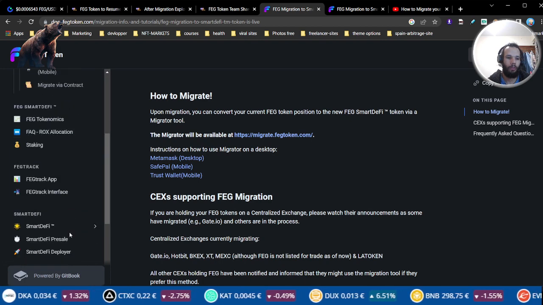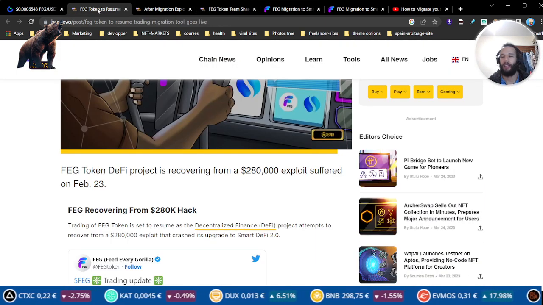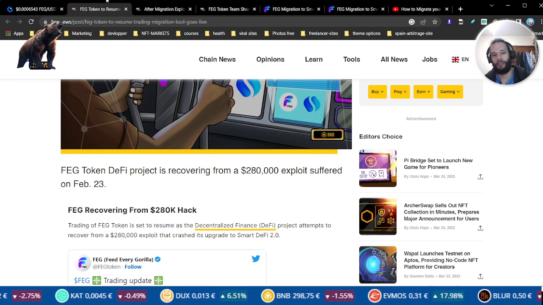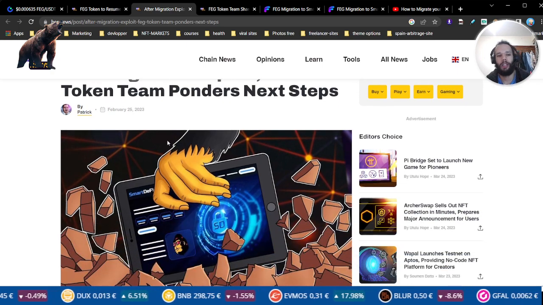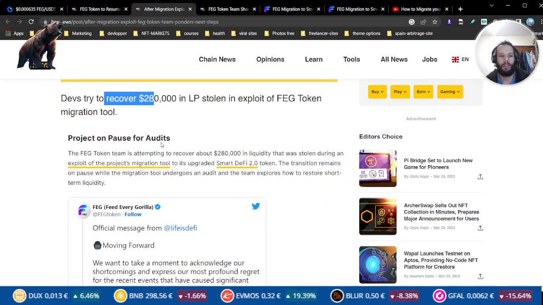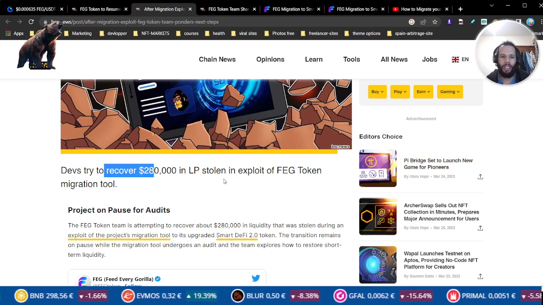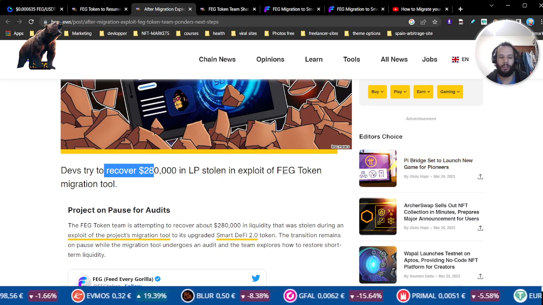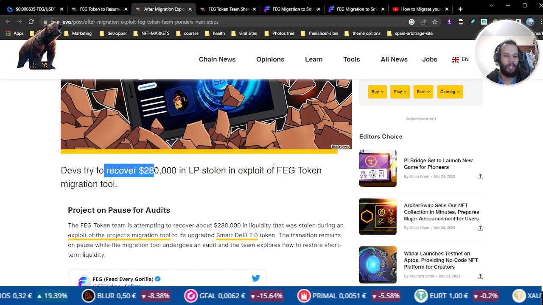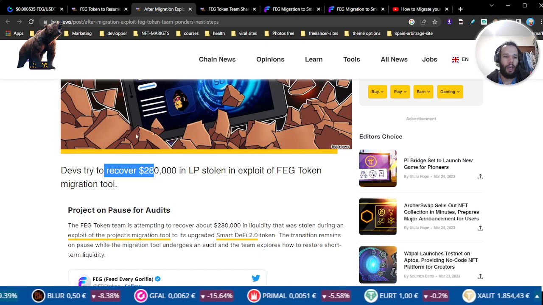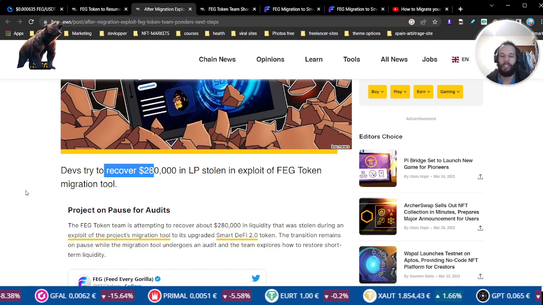There's also too much news that happened before. Some hacks here and there, before the migration or after the migration, and the migration also stopped after they tried to get about 280 in stolen funds in the exploit of the Felt token migration tool. So the migration tool, the website where they do the migration, was also compromised, and somehow the exploit happened and they lost a lot of funds.